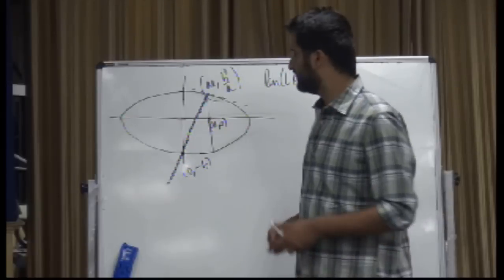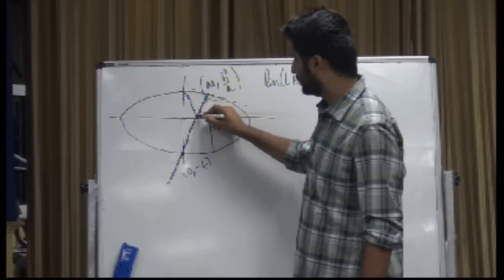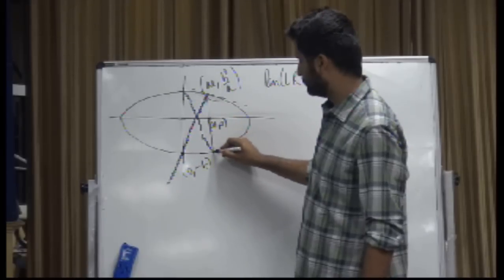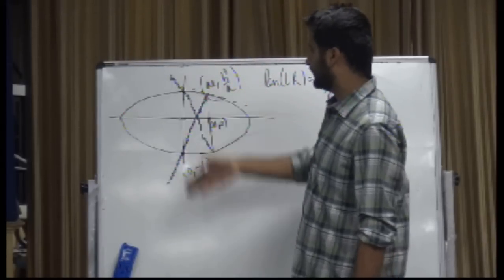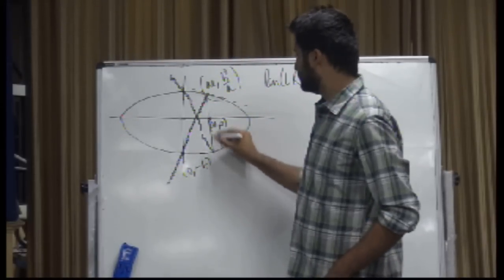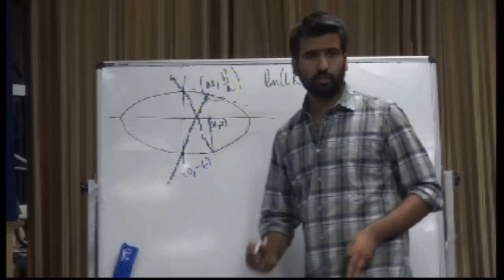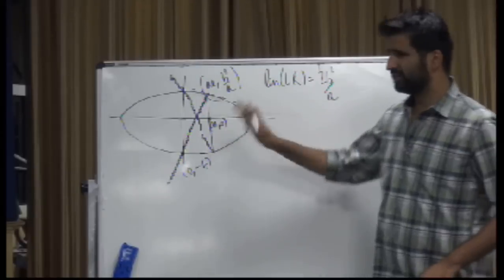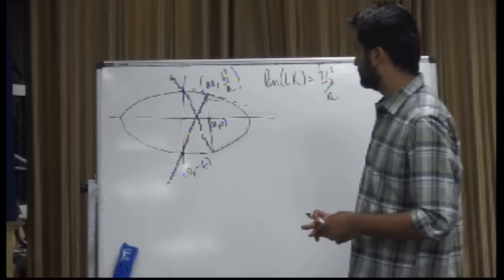There can be two cases, right? So either the normal can be like this, going like this, or it can go like this. Both of these are the endpoints. If this point is a comma minus b square upon a, this point will be 0 comma plus b. So these signs will always be opposite.